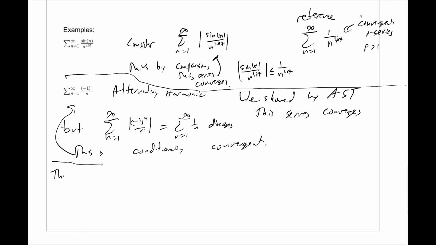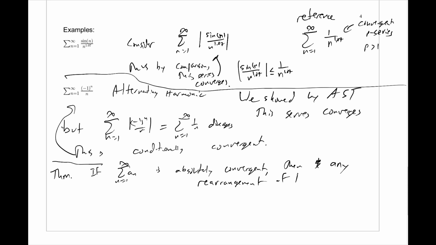It's a theorem which goes a little bit beyond the scope of our course now to prove that tells us if a series is absolutely convergent, then any rearrangement of the terms gives you another absolutely convergent series with the same sum.